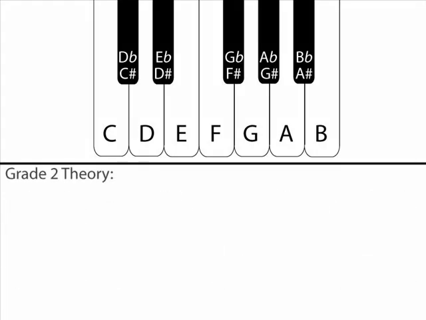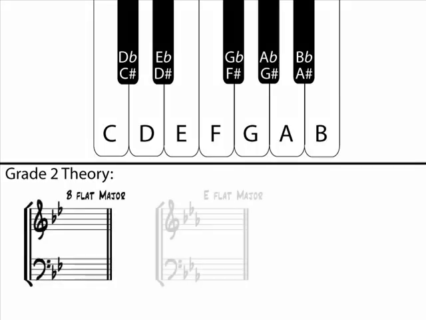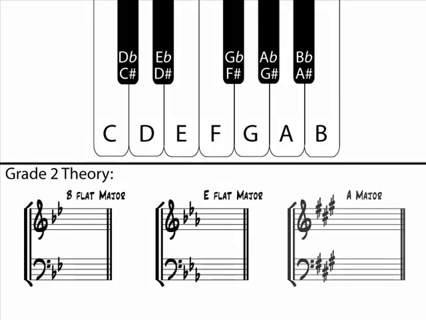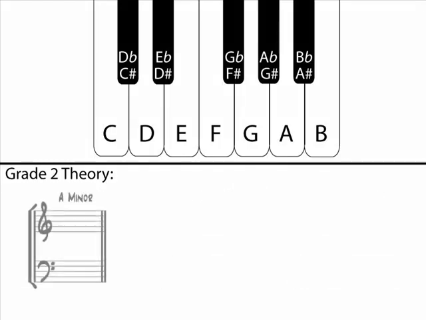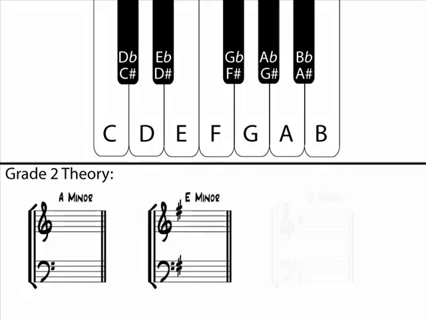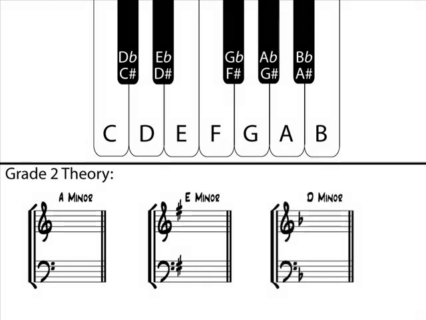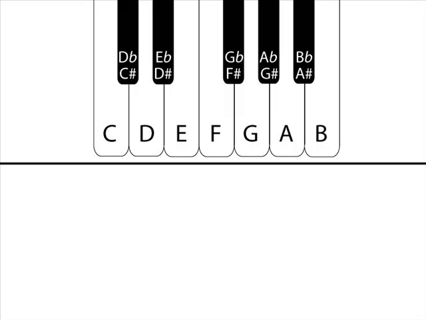For grade 2, you need to look at B flat, E flat, and A major, as well as 3 minor keys, A, E, and D. Now, if you don't know how to calculate these keys, then have a look at my other videos describing the circle of fifths. The circle of fifths, if you don't already know it, is a really useful tool to help you work out keys and their related key signatures.